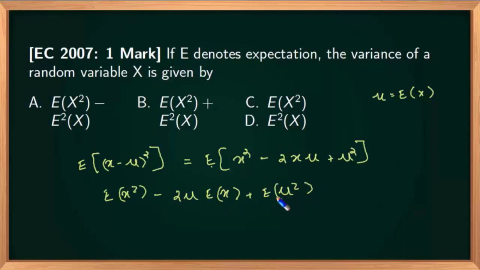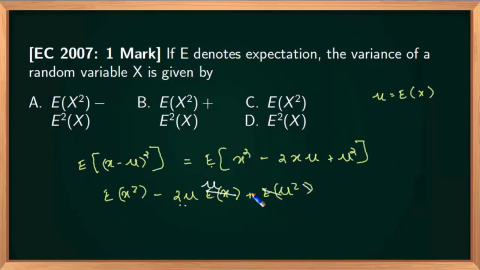But mu is a constant, so expected value of mu square is mu square itself. So finally, the expected value of x is also mu, because expectation of x is mu. So this is 2 mu square, plus this becomes mu square.